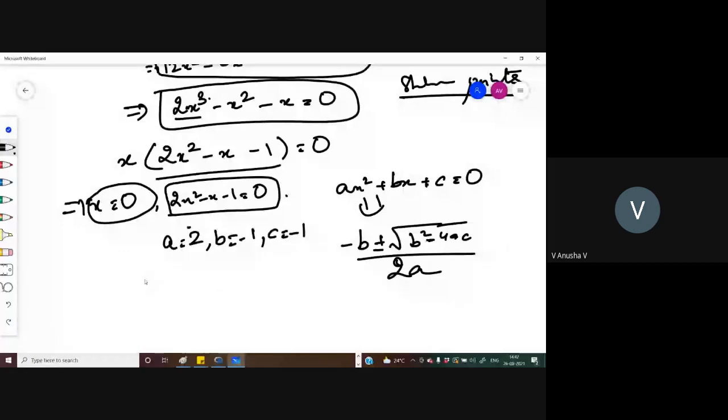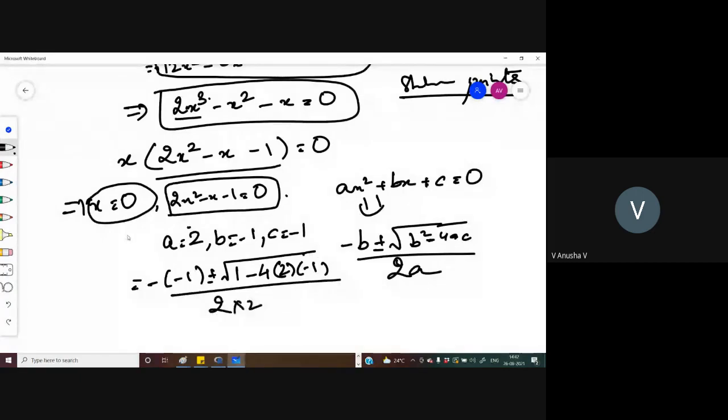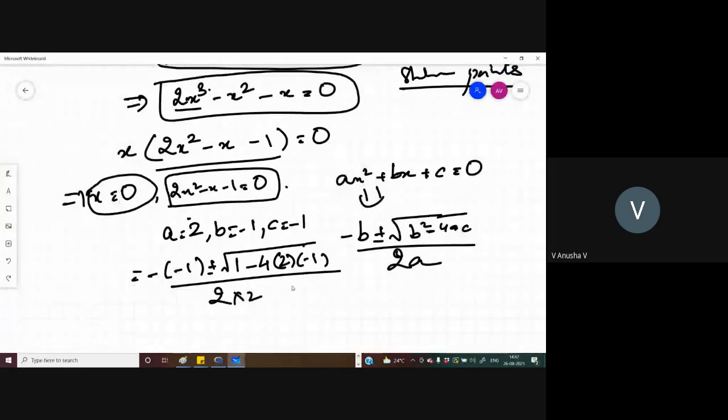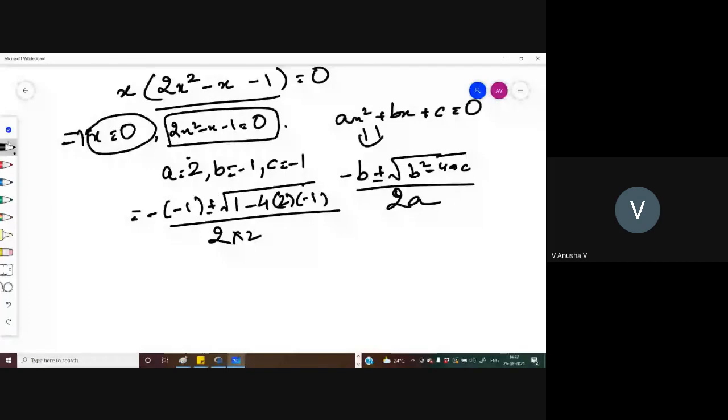So minus b, so it is minus of minus 1, right? So here I'll be having 1 plus or minus square root of b square, that is 1, minus 4 into a, which is 2, and c, which is minus 1, by 2 into 2. So I'll be getting 1 plus or minus square root of 1 plus 8 by 4.